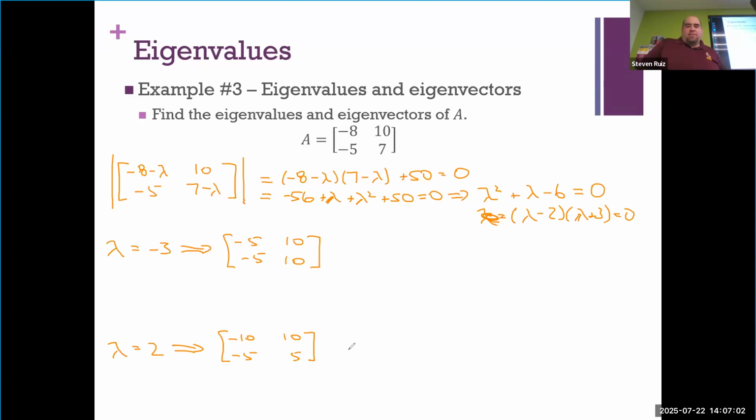So from there, can we get eigenvectors for each one? How about for lambda equals negative 3? How can we handle that?